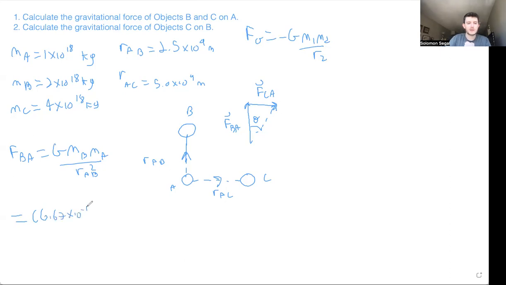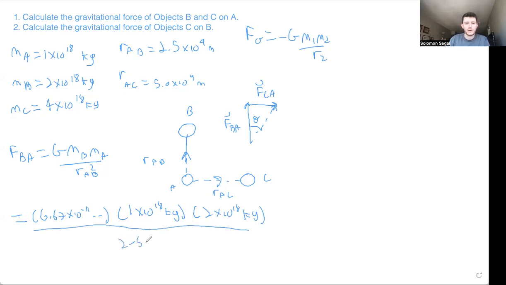6.67 times 10 to the negative 11. Put the units in there. The mass, we have 1 times 10 to the 18 kilograms. And we have 2 times 10 to the 18 kilograms here. And that's all divided by 2.5 times 10 to the 9 meters squared.